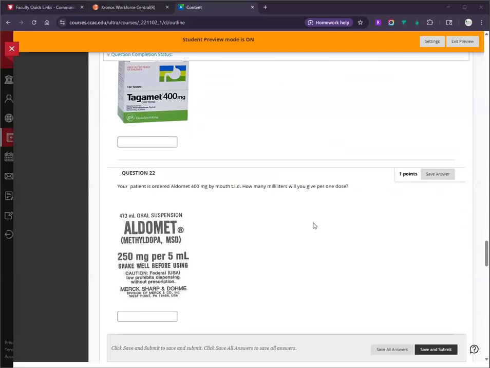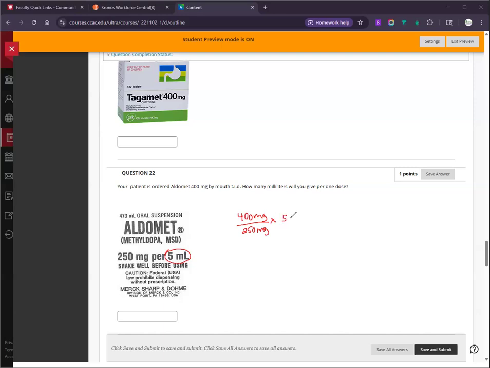Again, with questions like this Aldamet question, you need to pay attention to this thing right here. When it says 5 ml, make sure you're using the correct quantity. You'll notice that I always put a number, even when I'm doing ordered over available. That way I can say, okay, 400 milligrams, 250 milligrams, and I never just assume that it's 1 ml.